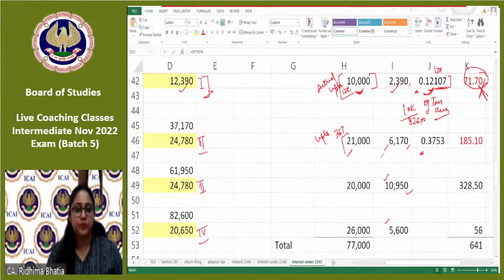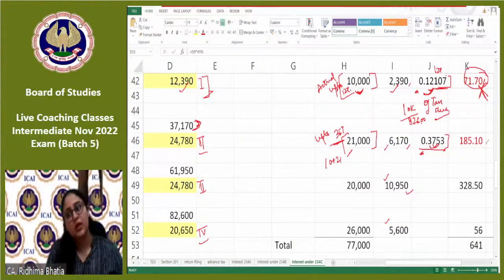Similarly, up till 15 September, if 36% has been deposited, which is 10 plus 21, which is 31, divided by 82,600, it comes to 37.53%. That means I have deposited, if not 45%, at least 37.53%, which is more than 36%. Then as per the relaxation given, this interest should also not be applicable.